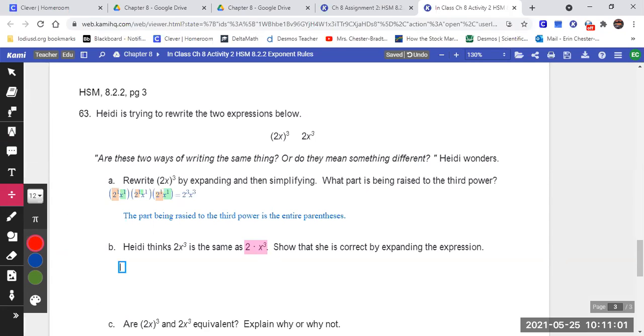What piece needs to be expanded? The 2, the x, or both of them? Only the x, that's right. So it's 2 times an x times an x times an x.